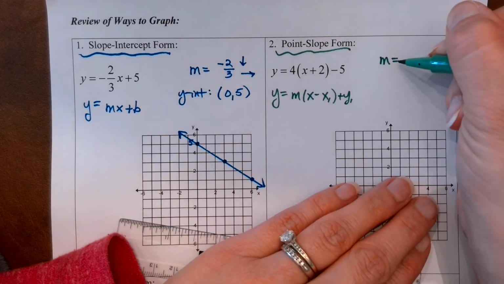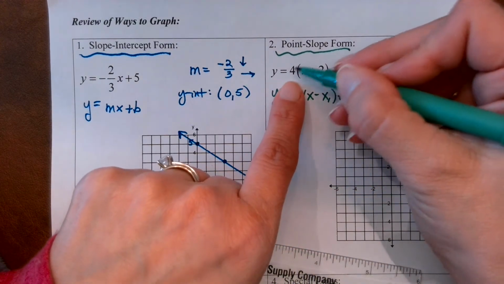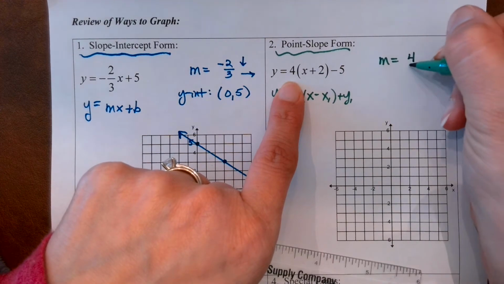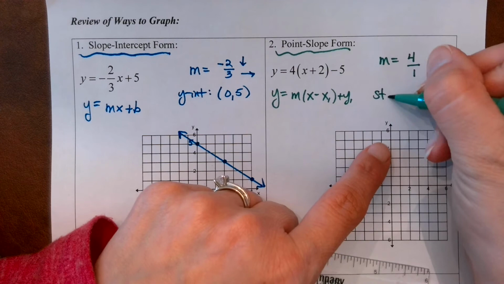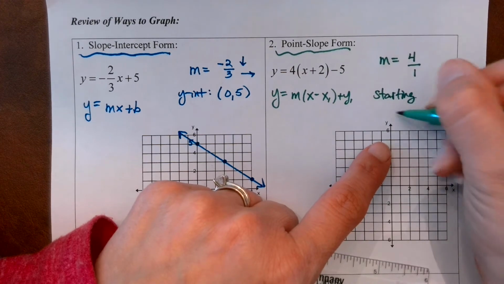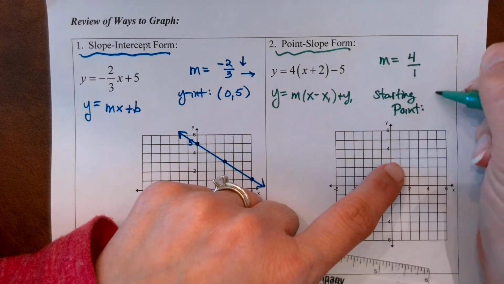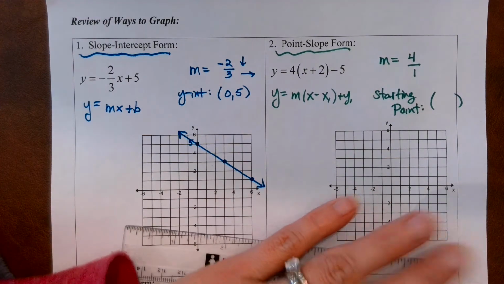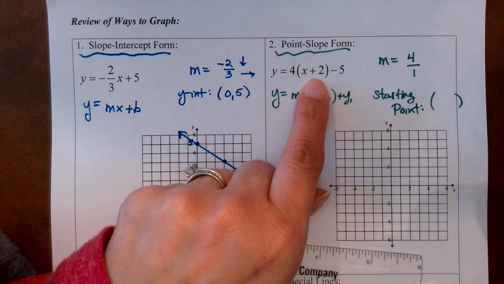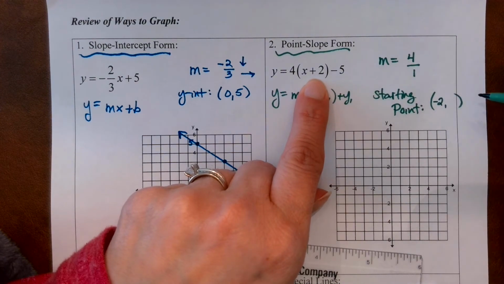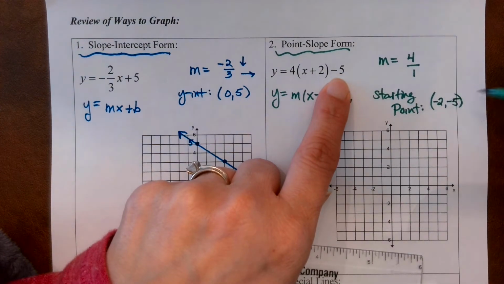The first one is the slope, which is always located in front of the x, so in this case it's 4/1. And the other key feature is a starting point. The point is not a y-intercept, it's a random point on the graph. The x number, be careful, is not 2, it's negative 2, and the y value is negative 5.